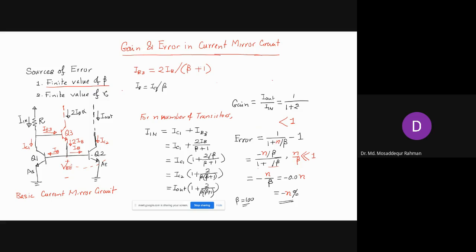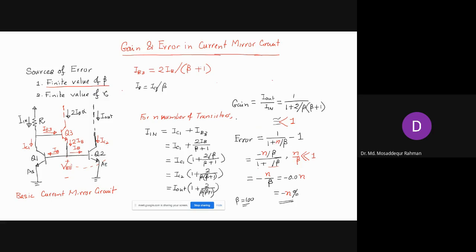That will be 2 divided by beta times beta plus 1. So now this part you see, instead of 2 by beta, now 2 divided by beta times beta plus 1, that is much smaller. So gain will be much closer to 1, right? So it's less than 1, but it's still much closer to 1.